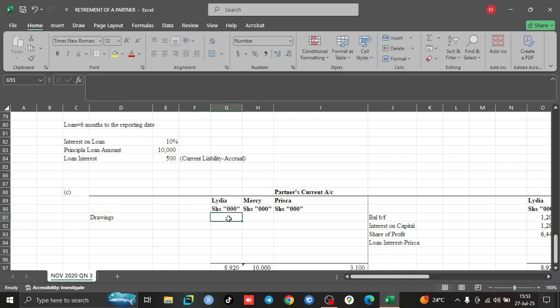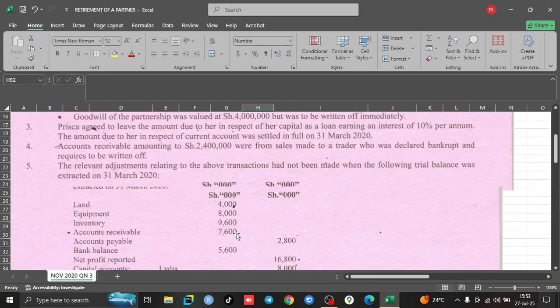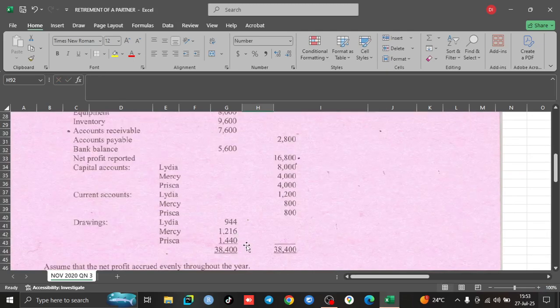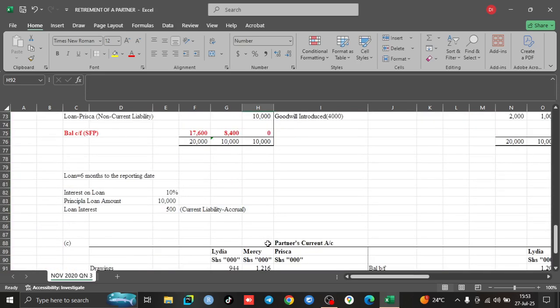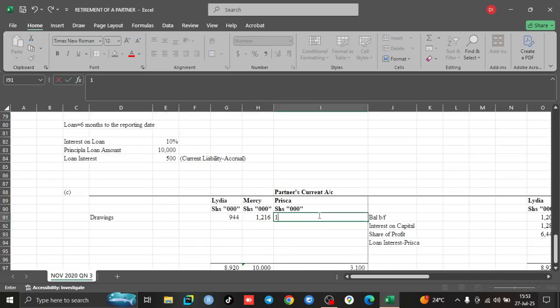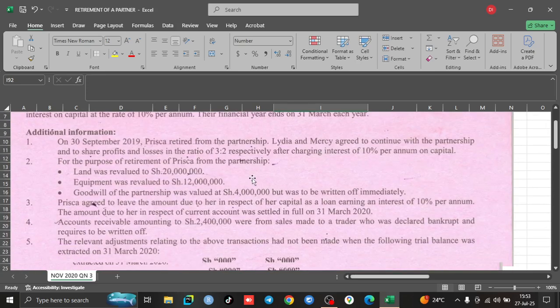Drawings 944, 1216, and the last one for Priska is 1440 shillings. Then there was a note made with regards to her current account.